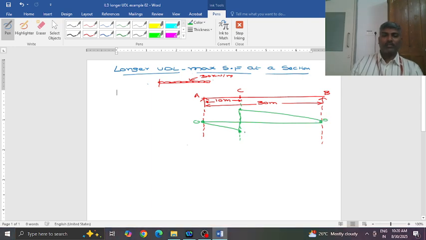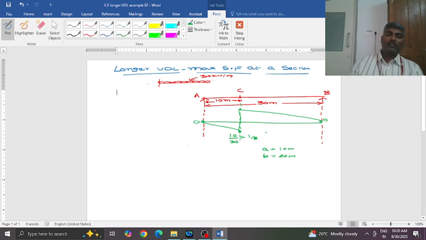So this value is a by L, that means 10 by 30, a being the span of 10 meters where the section is from left, and it is coming to 1 by 3. And this one will be b by L, where b is 20 meters. So a is 10 meters, b is 20 meters. a means the span AC, b means span BC.